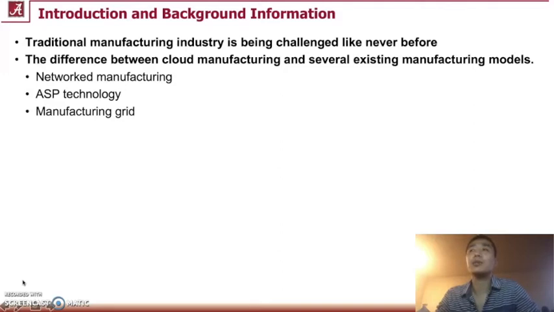Compared with ASP technology, cloud manufacturing increases the intelligence of the service and strengthens the security of information based on ASP.